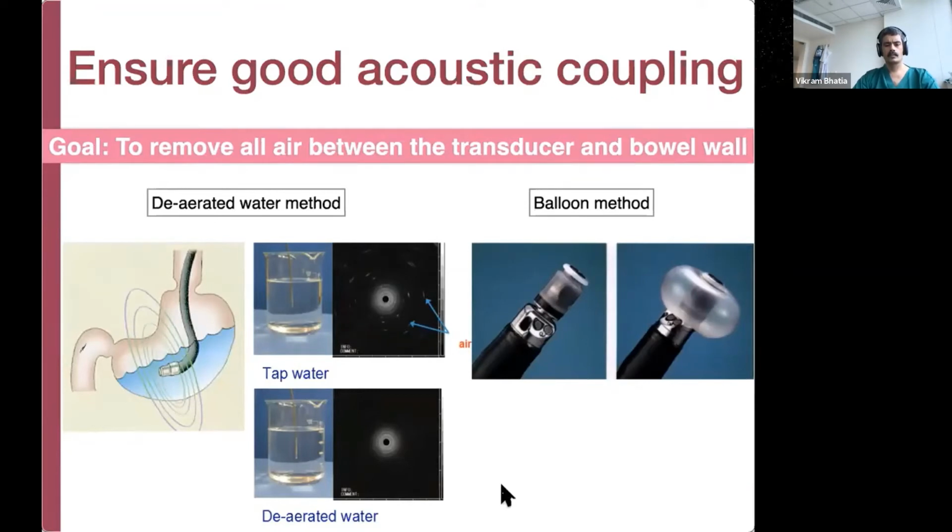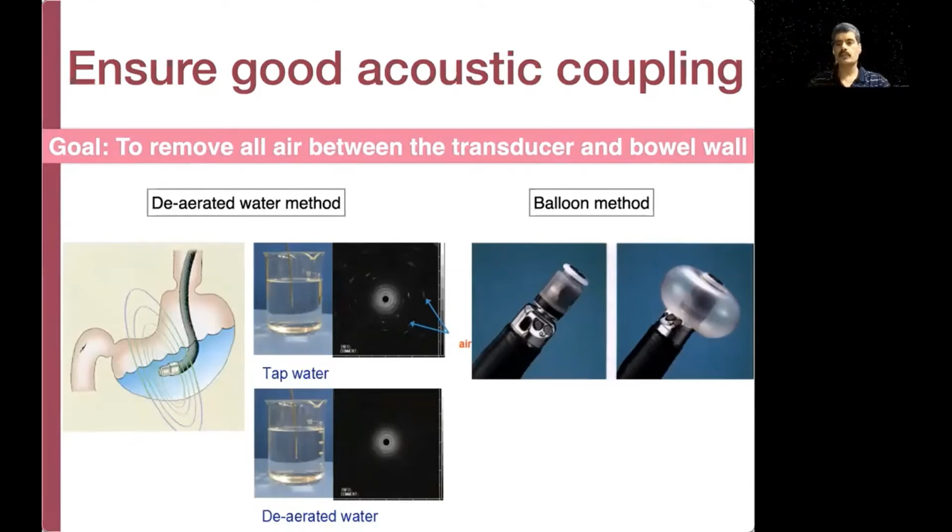The water distension method is used in capacious organs like the stomach, D2 to open up the folds, and also in the rectum. The balloon method, where the balloon is filled with water and then it pushes apart the mural layer, ensuring acoustic coupling between the transducer and the wall, is used for smaller structures like the esophagus, D1 where water is not retained, and also to image the extraluminal organs.